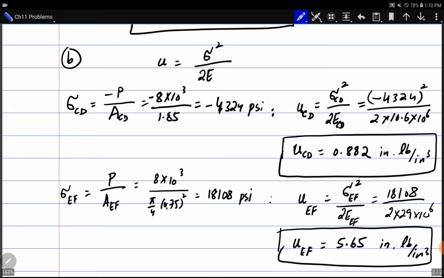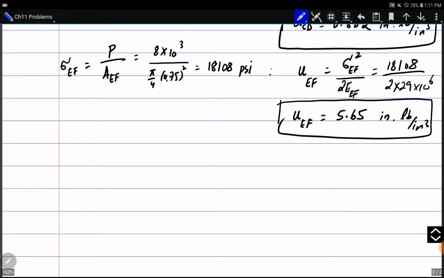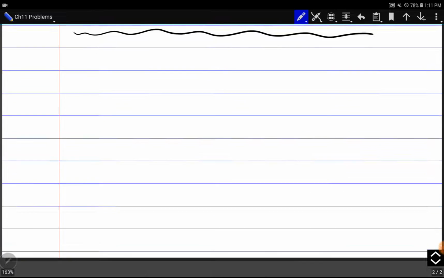UCD is sigma CD square divided by 2ECD, and UEF is sigma EF square divided by 2EEF. Putting all the values, we have calculated numerical values of UCD and UEF, strain energy densities for pipe CD and rod EF.